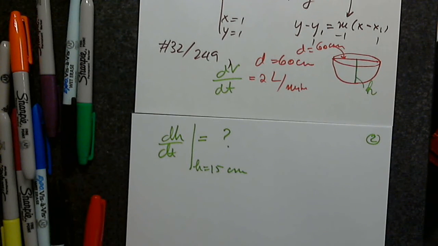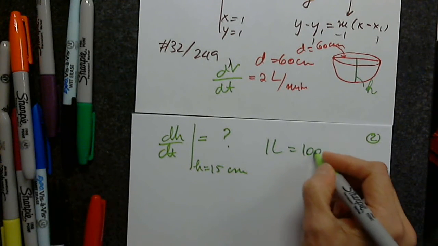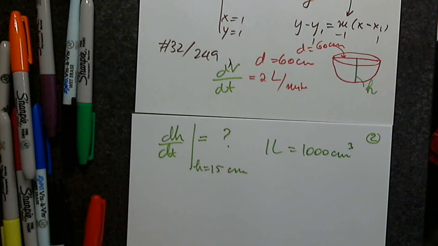Use the following facts. 1 liter equals 1,000 cubic centimeters. Like we say about engines, right? We say it's a 2-liter engine, which means 2,000 centimeters cubed, or cubic centimeters. The volume of the portion of a sphere with radius r from the bottom to a height h is this, as we will show in chapter 6.